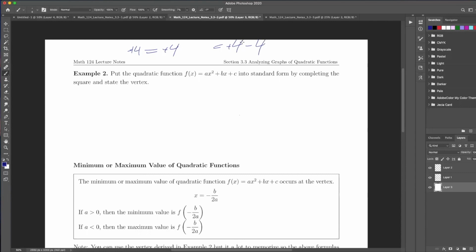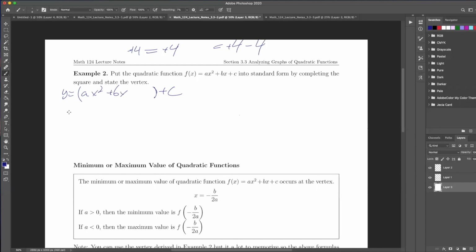And technically, you can solve this. I can just say y equals a x squared plus bx, leave my space, add a c. The next step I want to do is take b over 2.